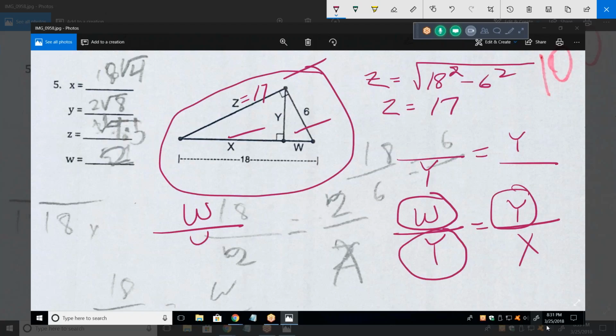We don't know y yet, equals y over x, and we don't know x yet. So using the geometric mean is going to be difficult. I don't see how we're going to be able to do it this way. There may be a way, but I'm not seeing it. Hold on a second.